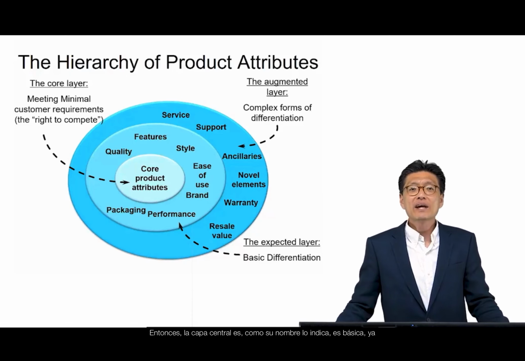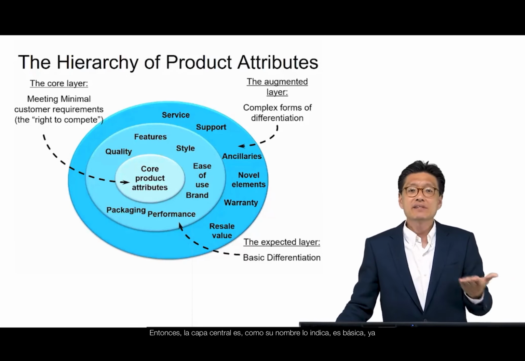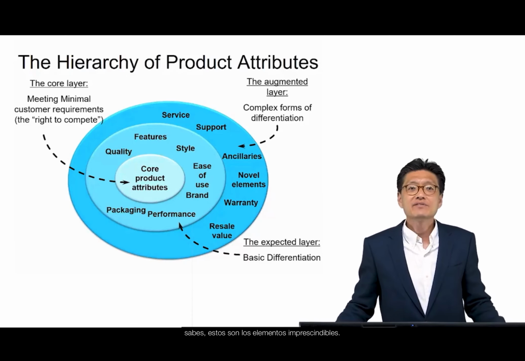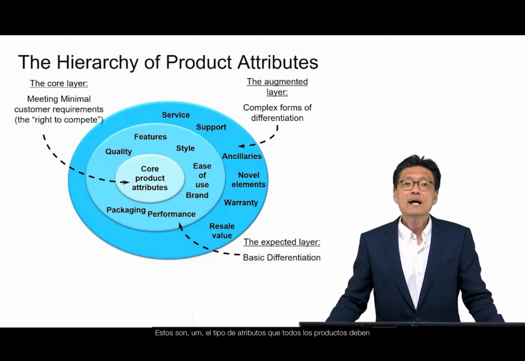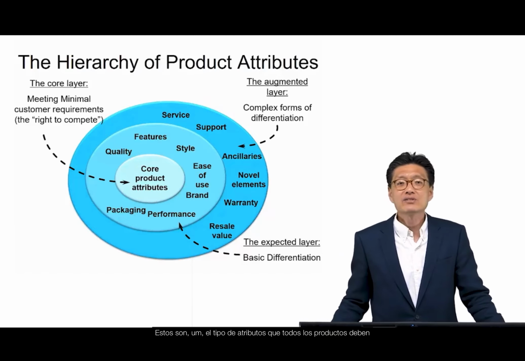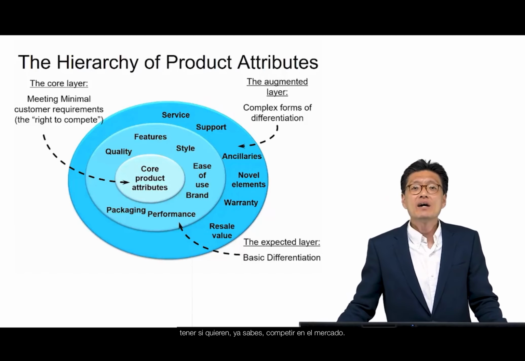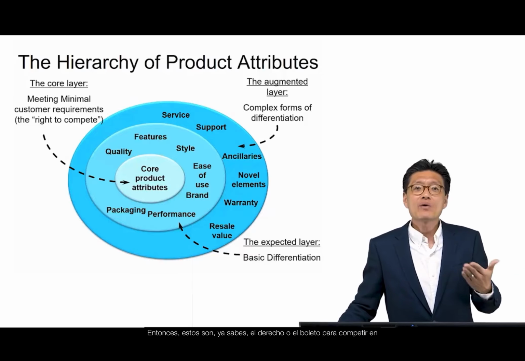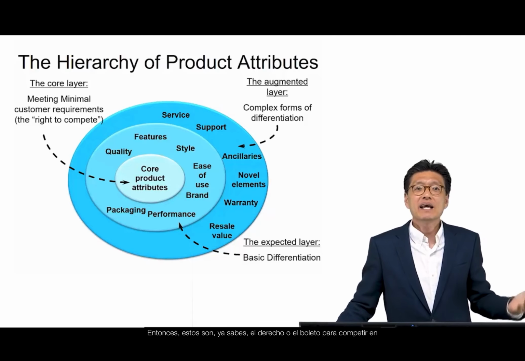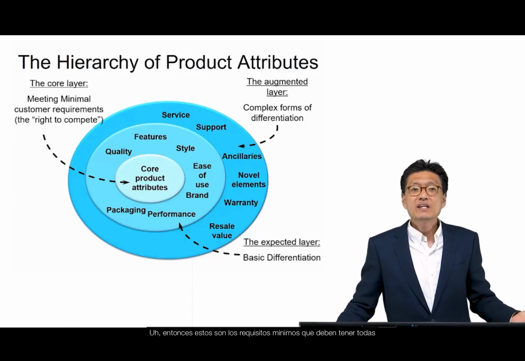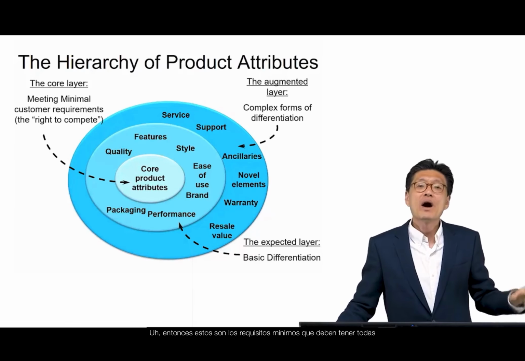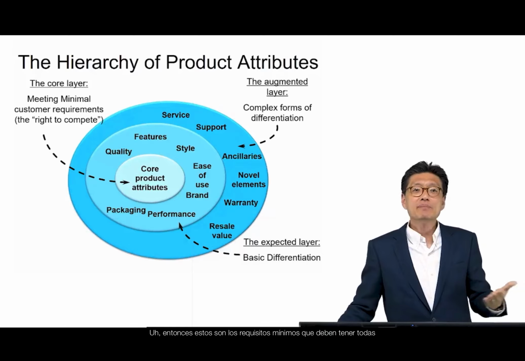So the core layer is, as the name implies, basic. These are the must-haves. These are the type of attributes that all products need to have if they want to compete in the market. So these are the right, or the ticket, to compete in a given market. So these are the minimal requirements that all companies must have.